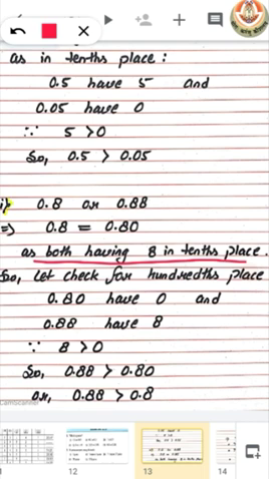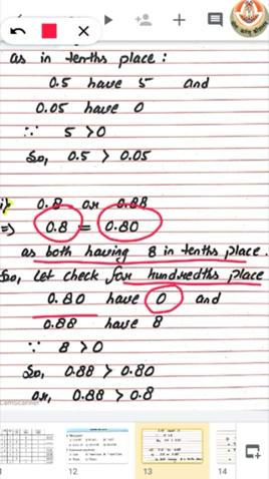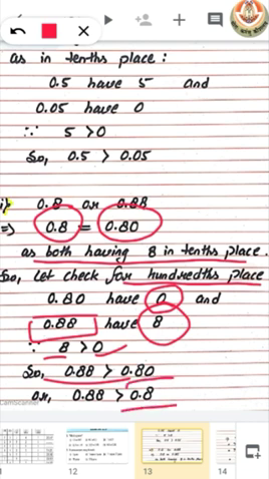Now let's check the hundredths place. We know we can write 0.8 as 0.80. So in 0.80 we have 0 in the hundredths place, and in 0.88 we have 8 in the hundredths place, and we know that 8 is greater than 0, so we can say that 0.88 is greater than 0.80 or 0.8.